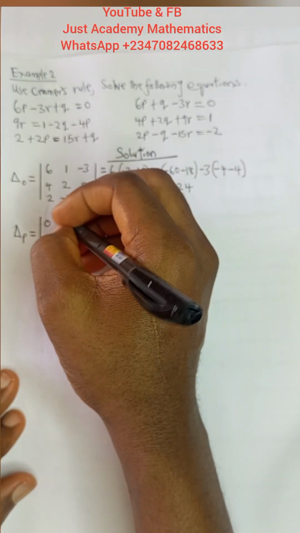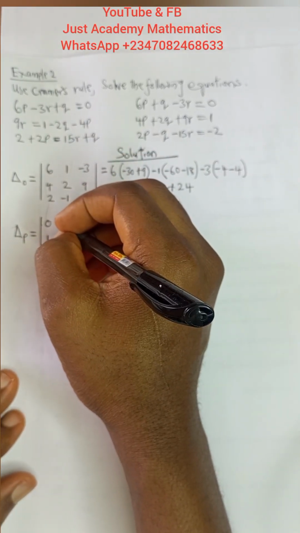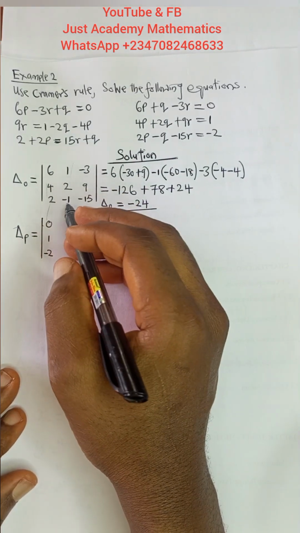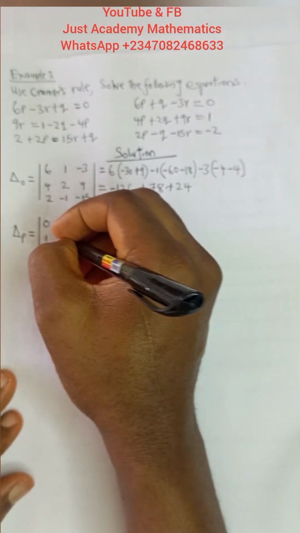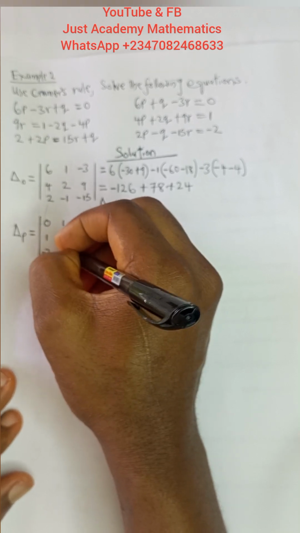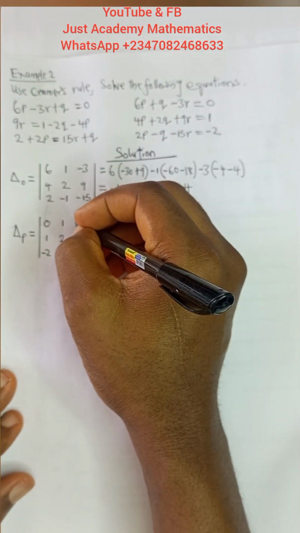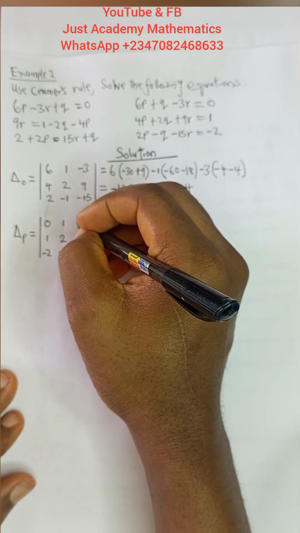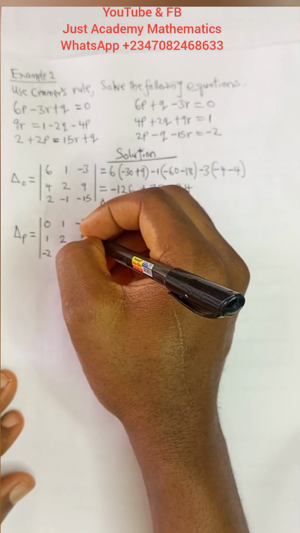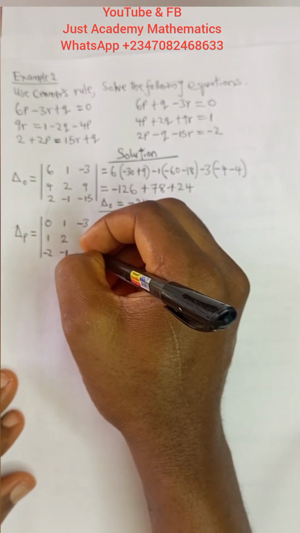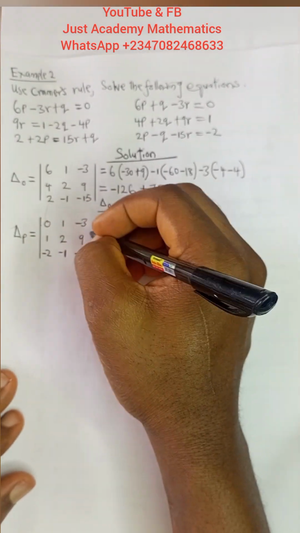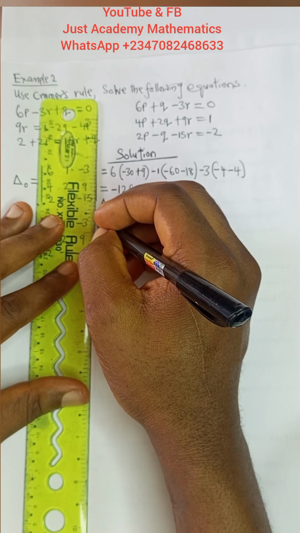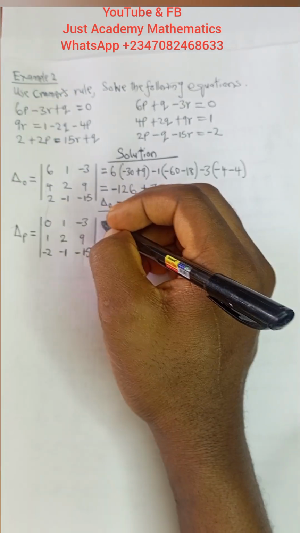We retain Q. Q column remains 1, 2, minus 1. And we retain R. R is minus 3, 9, minus 15. So this is Q, this is R.